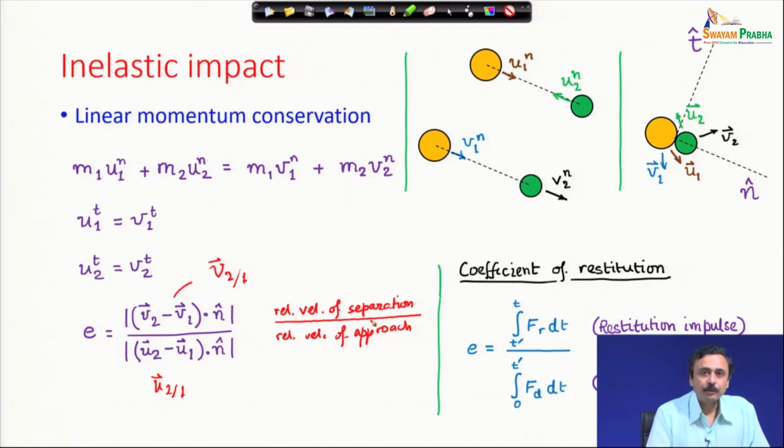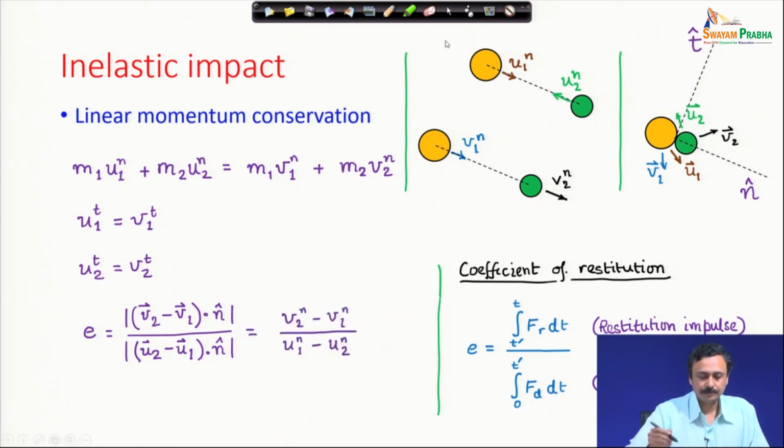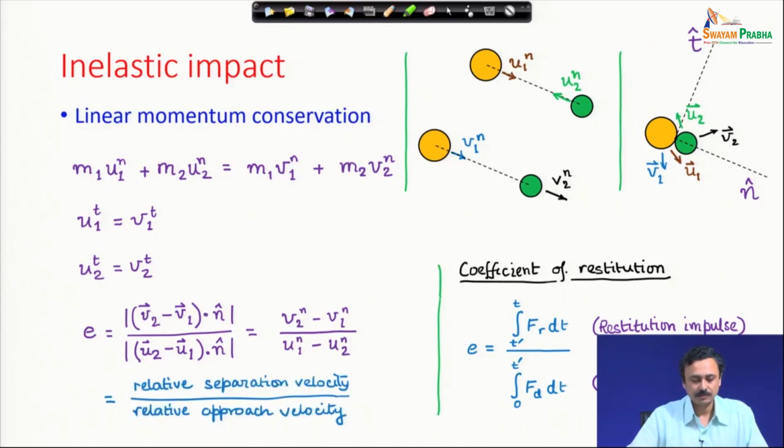And remember, we have to take the mod value, that means E is a positive quantity. V2 normal minus V1 normal by U1 normal minus U2 normal. Now, this is to take care of the sign so that this is positive. So, relative separation velocity by relative approach velocity.